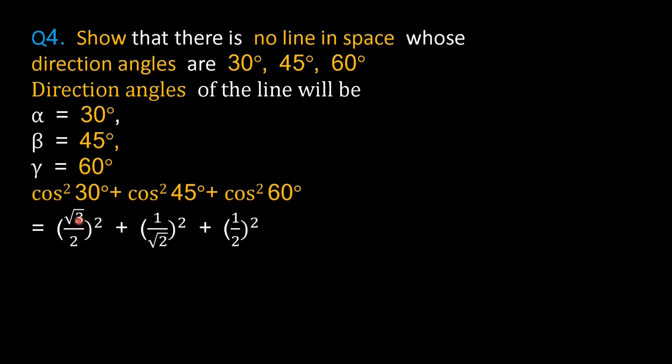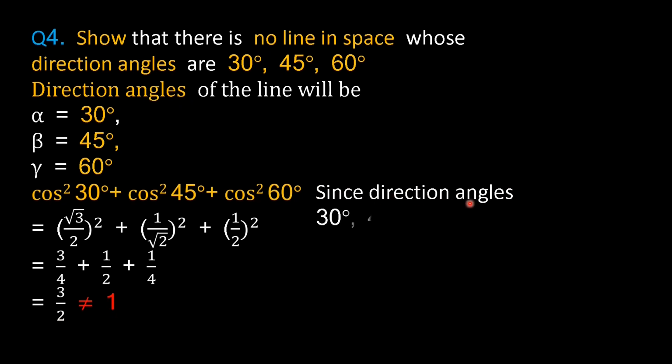Cos 30 is root 3 by 2, square of that. Cos 45 is 1 by root 2, square of that. Cos 60 is 1 half, square of that. It will be 3/4, 1/2 and 1/4, which will be 3 by 2, which is not equal to 1.